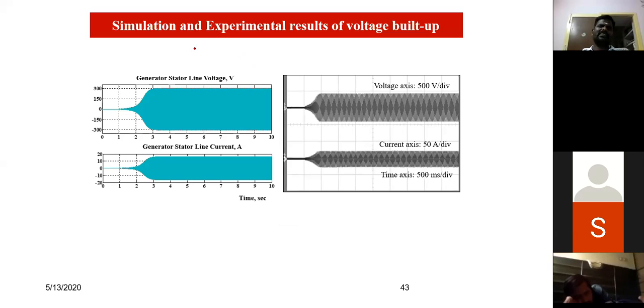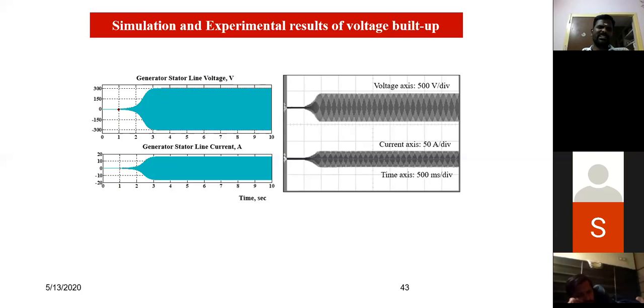This indicates the simulation and experimental results for the stator line voltage and stator line current. In the simulation, the machine is operated with B equal to 1 per unit, and under this condition we closed the capacitor.